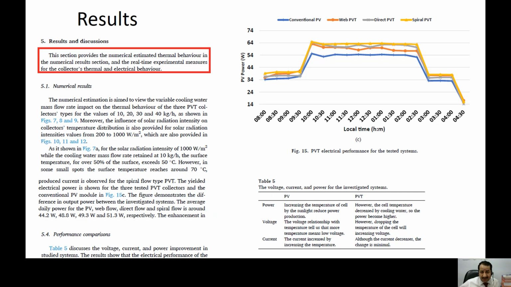This section provides example numerical estimated thermal behavior in the numerical results section and the real-time experimental measures for the collectors' thermal and electrical behavior. In the sections I can refer the reader to figures or tables, as you can see here. So discuss them, not only refer to them, but discuss them.